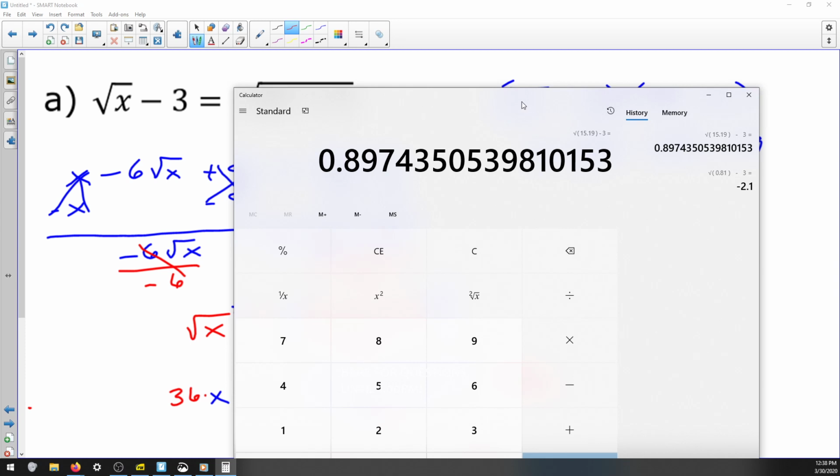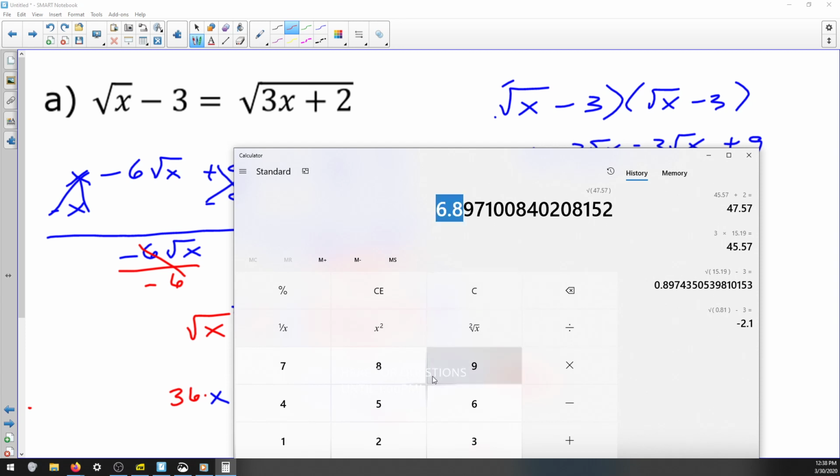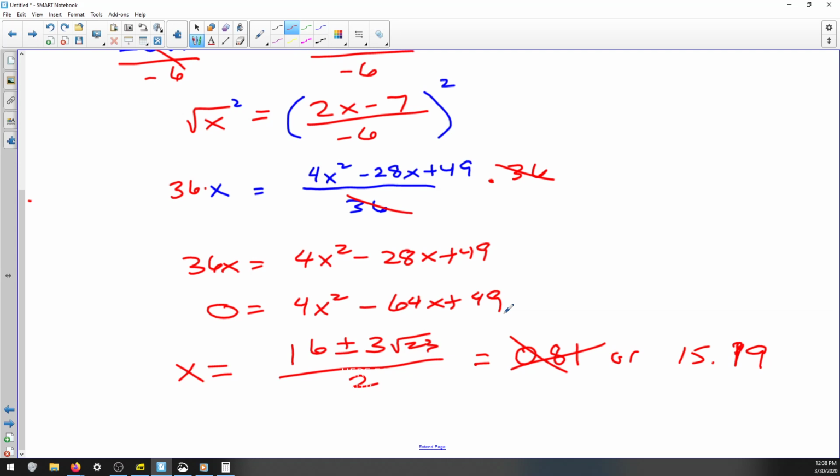For the other expression, I'm going to do 3 times 15.19, add 2, and then square root that answer. And I get 6.9. So if you notice, on the left-hand side I got 0.89, and on the right-hand side I got 6.9. And those are not the same thing, so this answer is also not good.